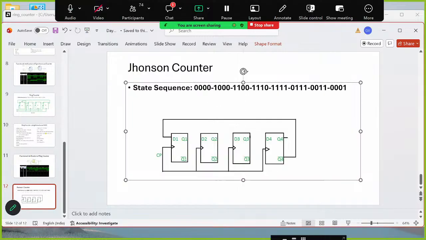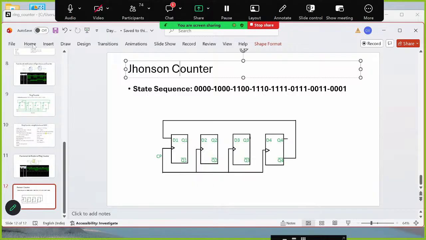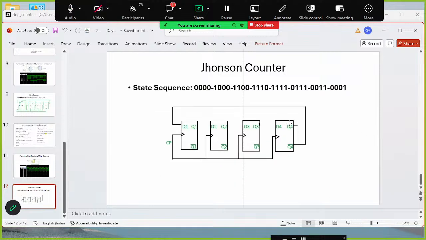Initially your output should be reset with the value 0000. After that it will follow this sequence, and it keeps on repeating this sequence again and again.